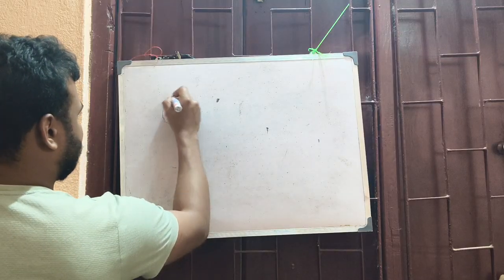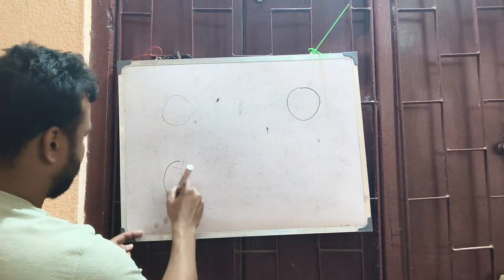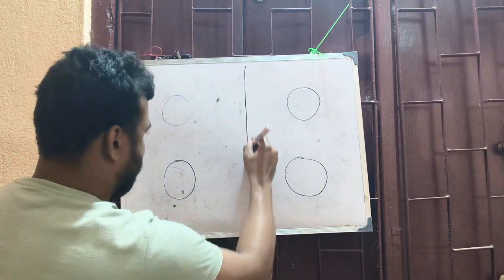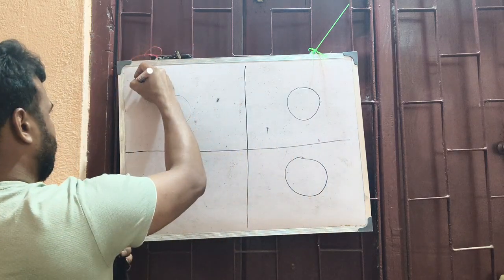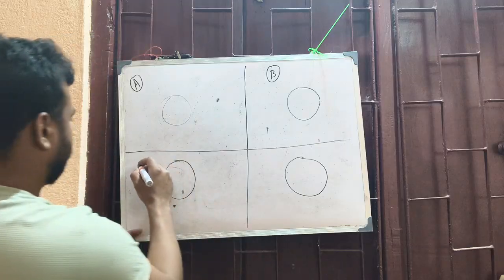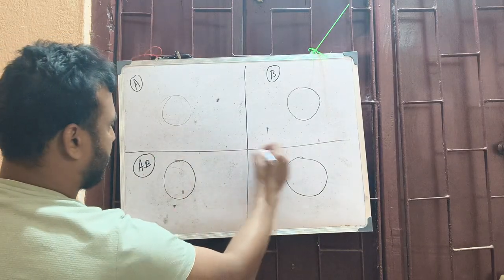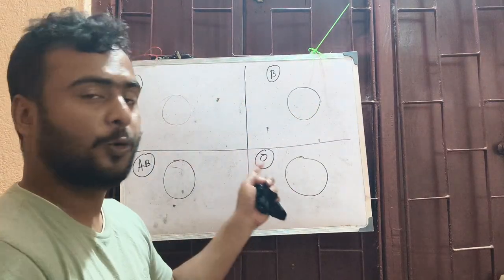So let's start. Suppose you consider this one is the A blood group and the B blood group, then the AB blood group, then the O blood group.